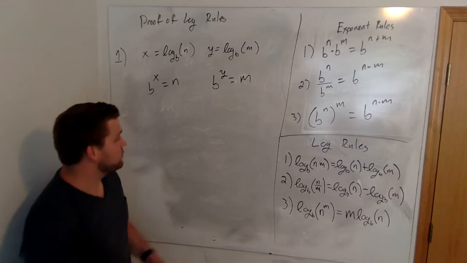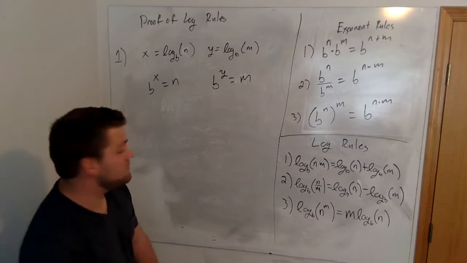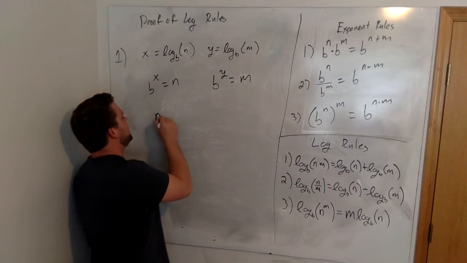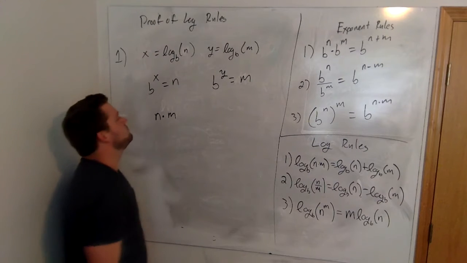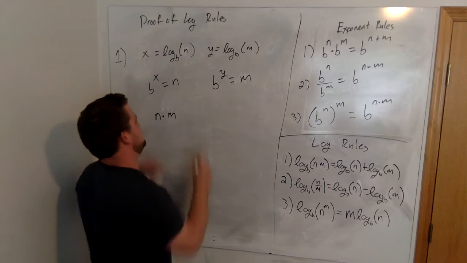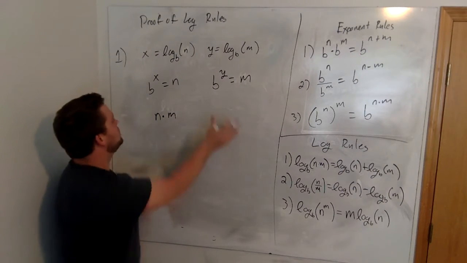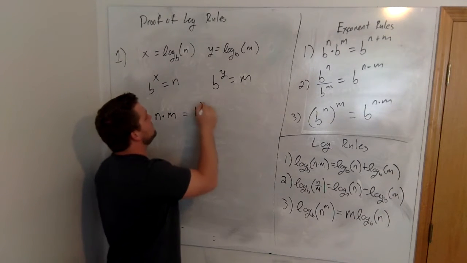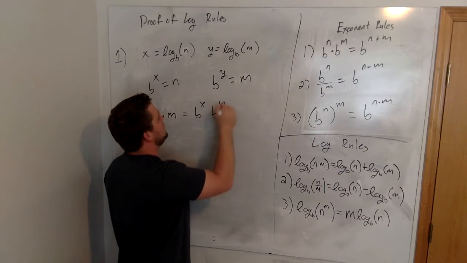Well, the only thing I can think to really do with these is let's try multiplying them together. So what if we took n and multiplied it by m? Because I know how to multiply exponents together. I know rules for that. Well, this will be the same thing as b to the x times b to the y.